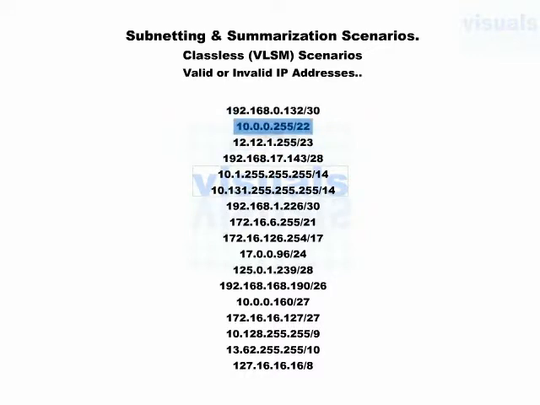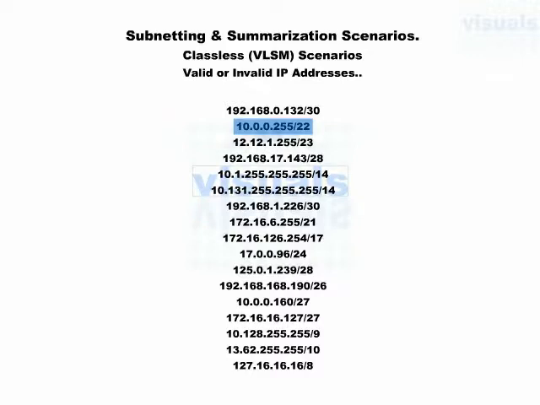Here it is. This is an example of the class B subnetting process, if you remember. Well, /22. I know while subnetting class B, we were playing with bits from 17 to 23 actually. 24 is the default subnet for class C. Now, is this a valid or invalid IP address?